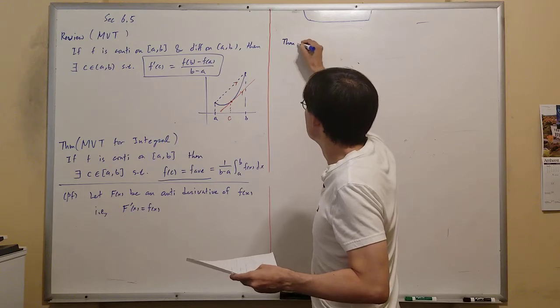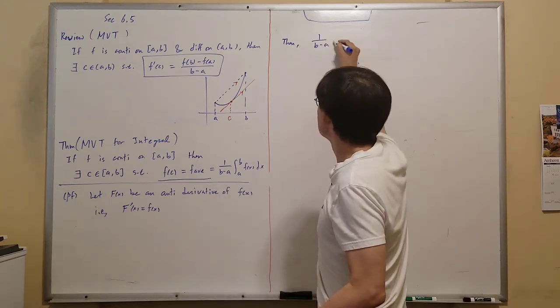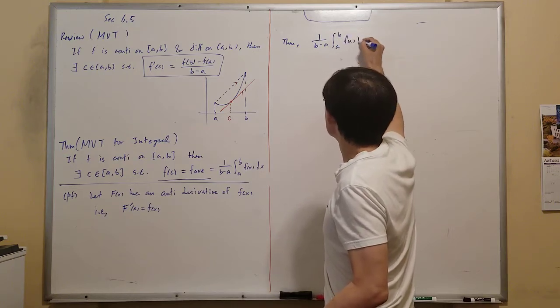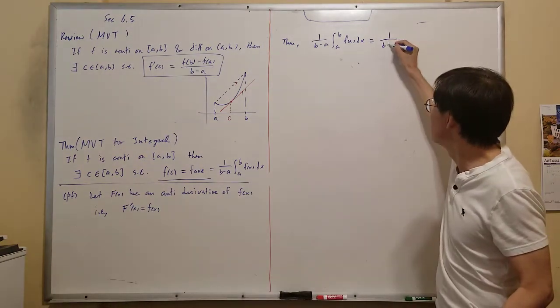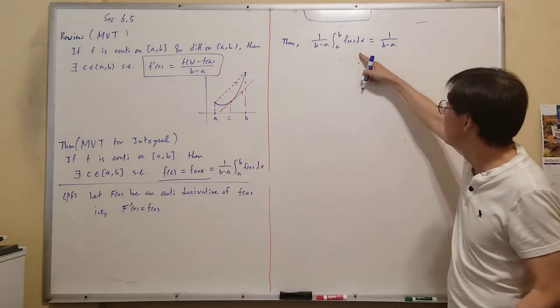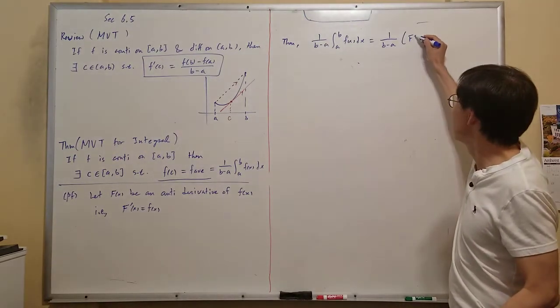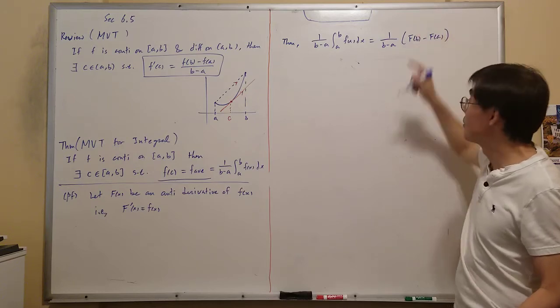Then 1 over b minus a times the integral from a to b of f of x dx is, using the fundamental theorem of calculus, 1 over b minus a times capital F of b minus capital F of a.